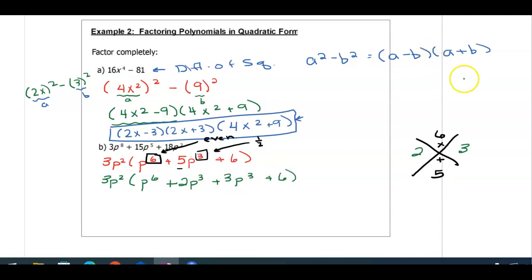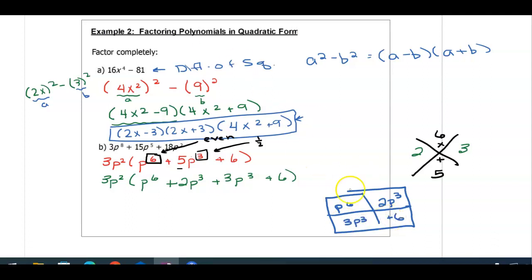Now we've taken that and rewritten it with 4 terms, so I can put it in the box. So I have p to the 6th plus 2p cubed plus 3p cubed plus 6. If I factor this, I can factor out a p cubed, which makes this a p cubed.